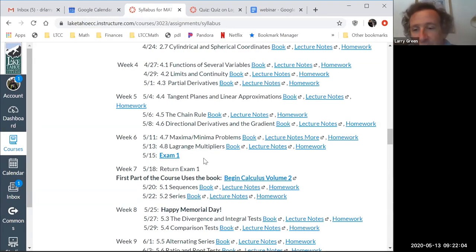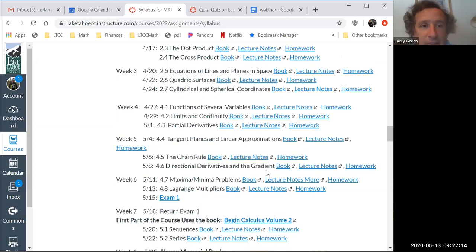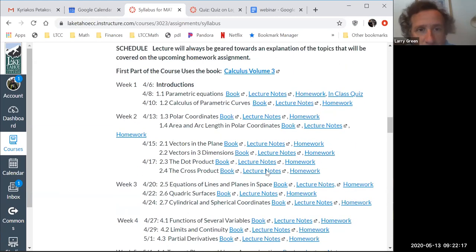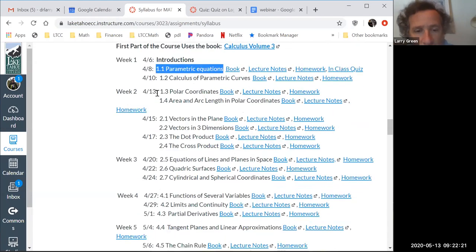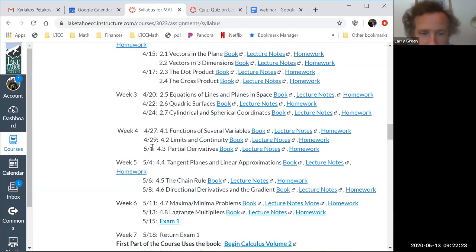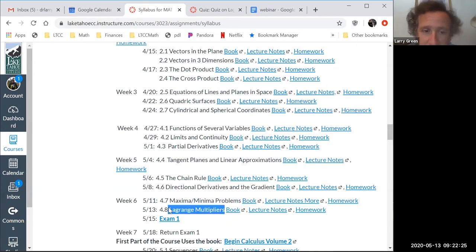What we're doing today is reviewing for the exam, and the exam covers what we reviewed. You'll have already had the homework due on Lagrange multipliers. So everything that we've done from parametric equations, that was our first topic, all the way through Lagrange multipliers is on this exam. Any questions on that?